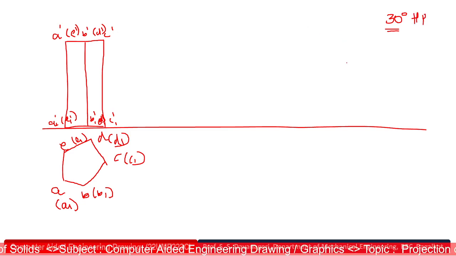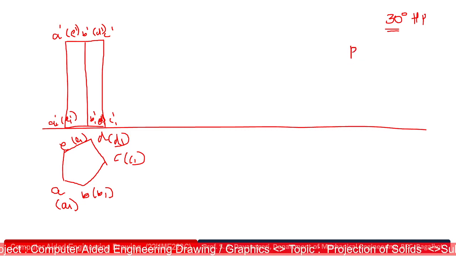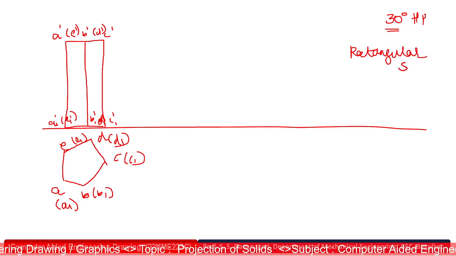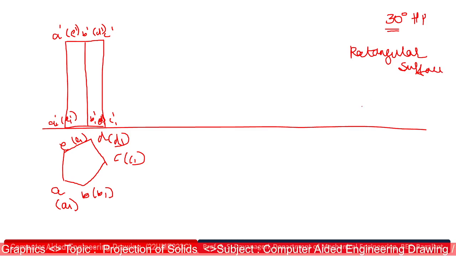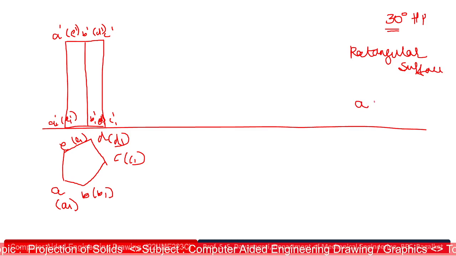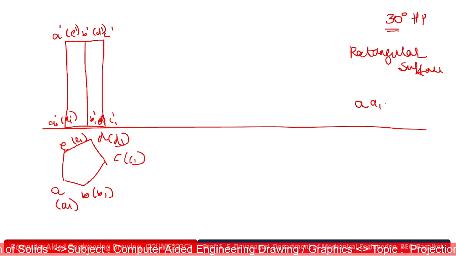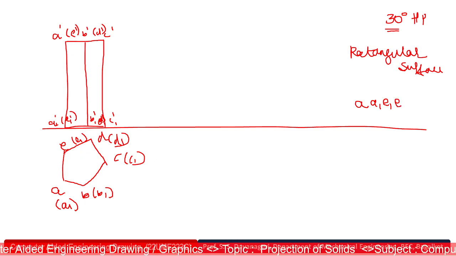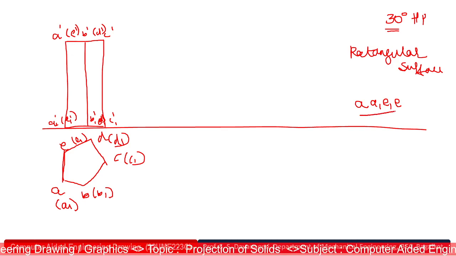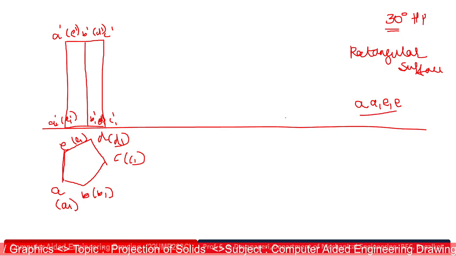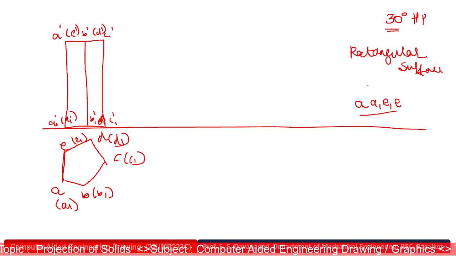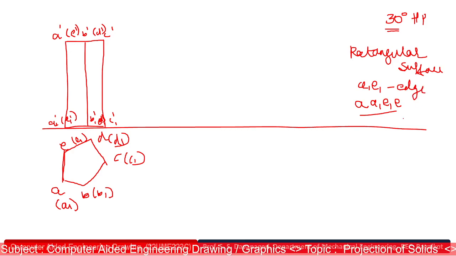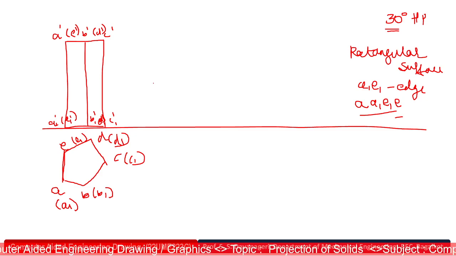Now if you consider the rectangular surface, that is A, A1, E1, E. So this rectangular surface is going to make 30 degree inclination to HP. The edge which is going to rest on HP is the A1 E1 edge. This rectangular surface is going to make 30 degree inclination.